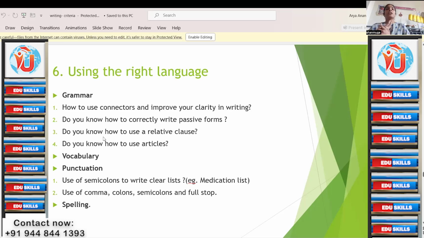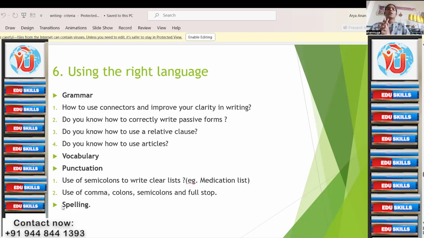For example, if you have a medication list, you use commas and semicolons to list the items. Sometimes we use colons. Don't forget to use full stops, because without a full stop your sentences will not make sense. Make sure that when you complete a sentence, you use the appropriate full stop.